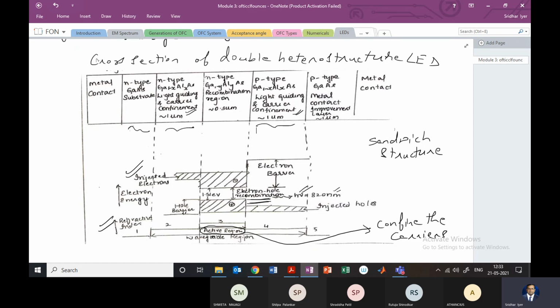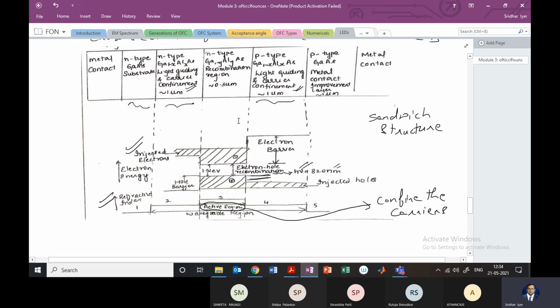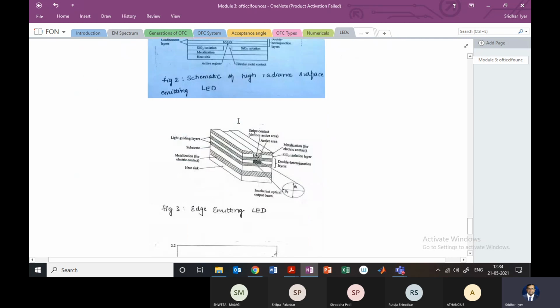The properties are not the same, and that is why it is known as the heterostructure. Because of this heterostructure and the differences in the band gap energy and the refractive index of the materials or alloys which are used, the LED is going to operate and the carrier is going to be confined. Based on this heterostructure, in your syllabus, two types of LEDs are specified.